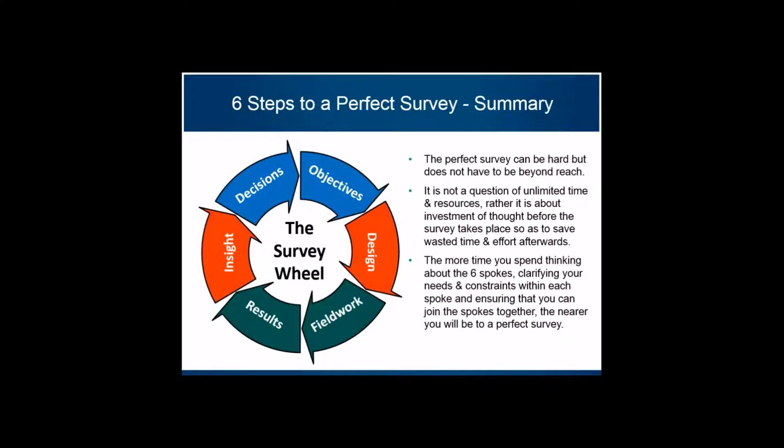So I'm just going to do a quick recap here around some of the key messages that you've told us. You've told us that a perfect survey is hard to achieve, and we all try as hard as we can to get as close to that nirvana as you described it. But there are organizational constraints and operational realities, aren't there? So I guess thinking it through, using a good methodology, thinking about the different steps or arcs of the survey wheel right from the beginning is the safest way to safeguard against those pitfalls.